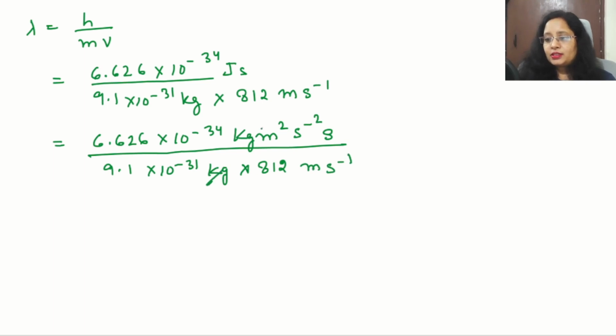Now kg will cancel with kg, meter square with this meter, and this second per second here cancels with this, and this second is cancelled with this.